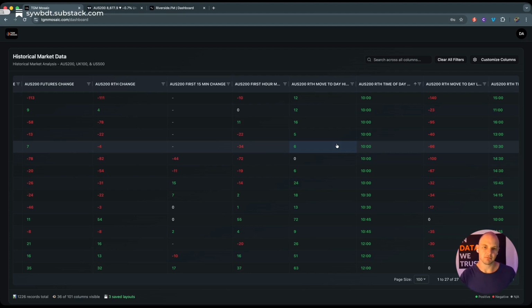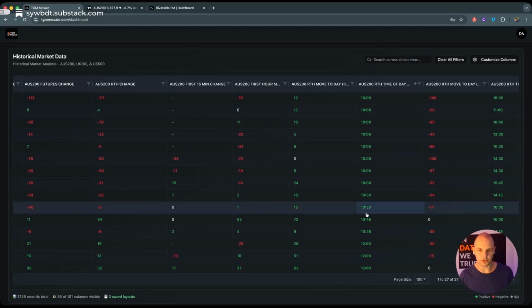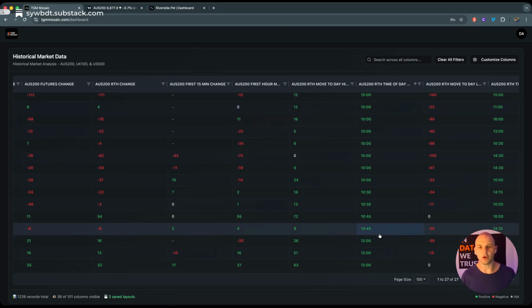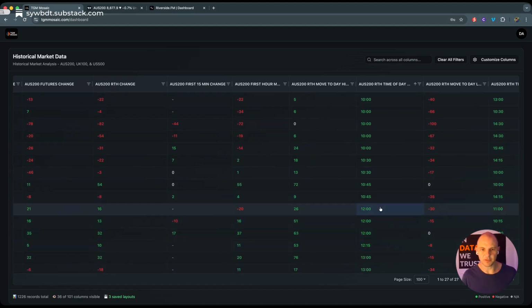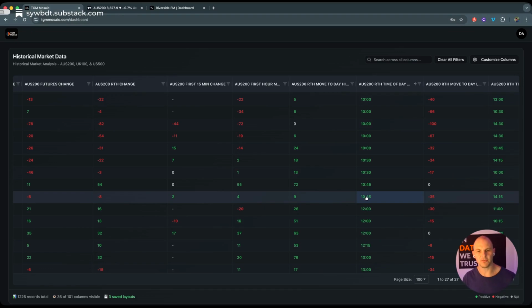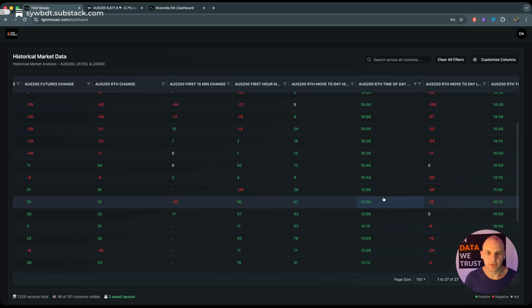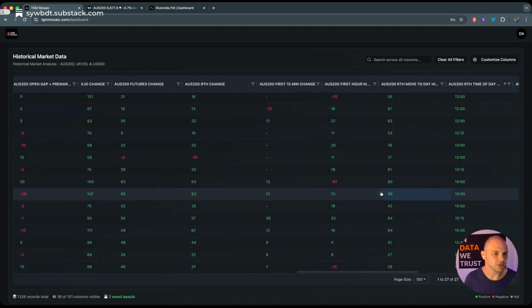If I was staunchly in the short camp for the day, I'd probably want to hold those shorts or add to those shorts at least for the first hour, just to see if it is going to top and roll over. If I was long, I'd definitely be looking for confirmation of a break of that 11 o'clock high, that first hour high, to really double down on my long conviction, okay?